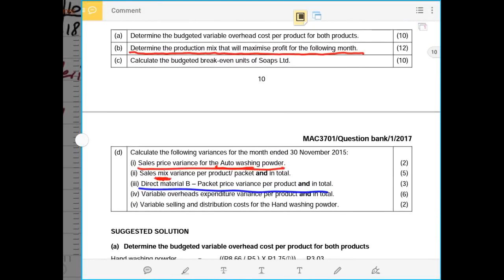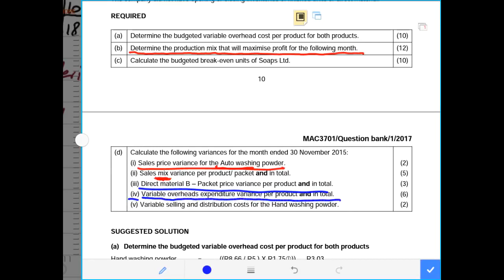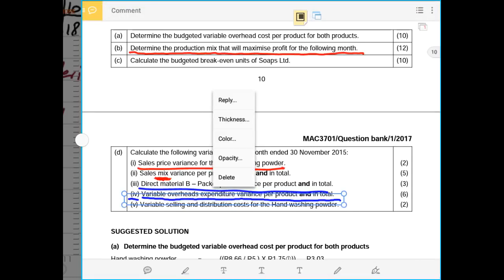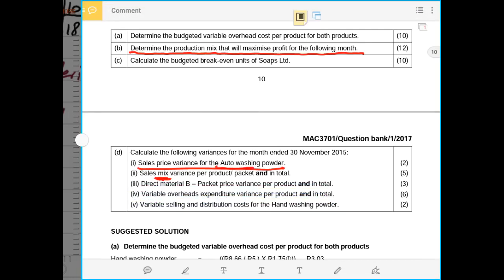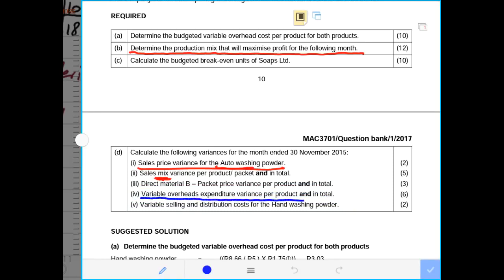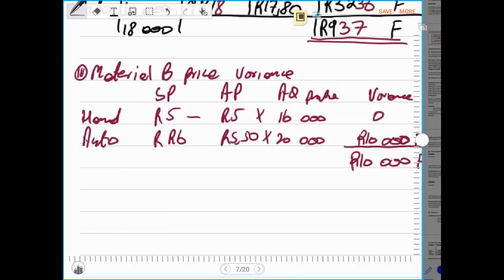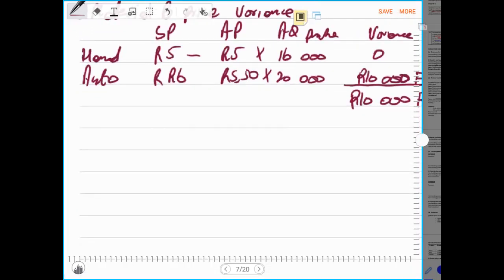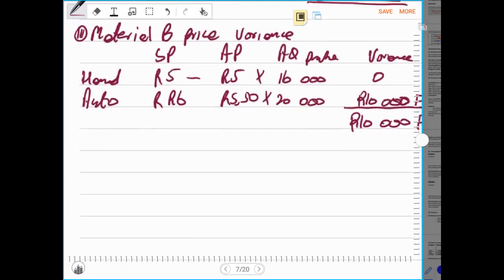The next variance, which is the variance before the last one, is variance number 4, which is the variable overhead expenditure variance per product and in total. So now we have to take that variance, number 4.